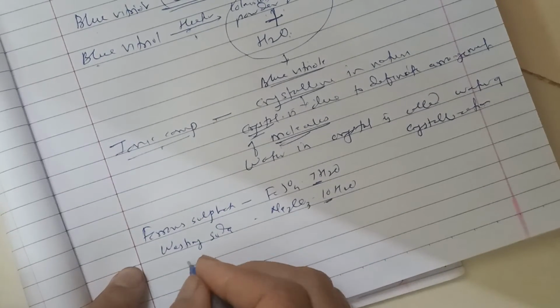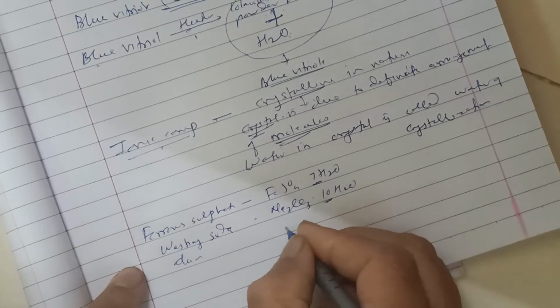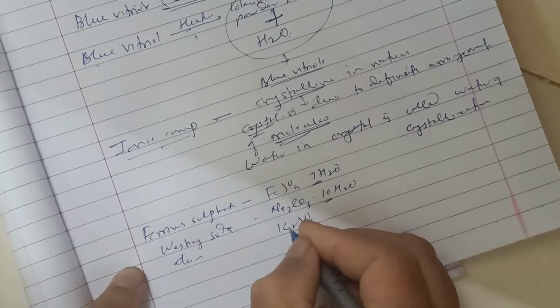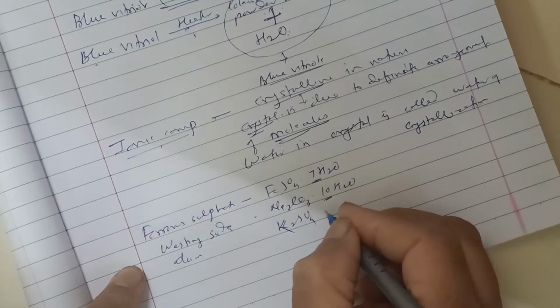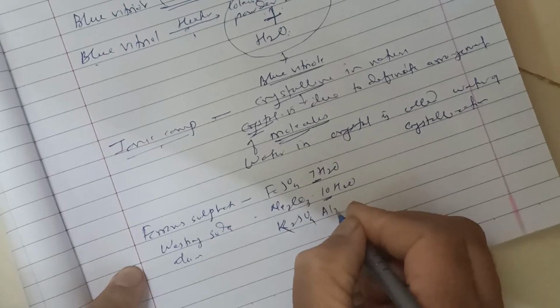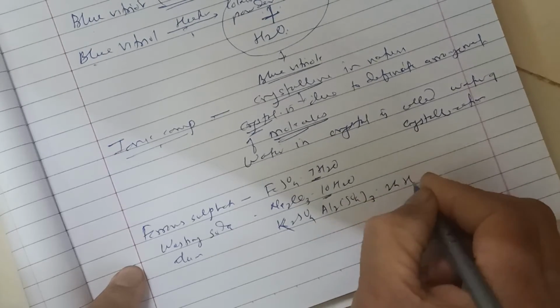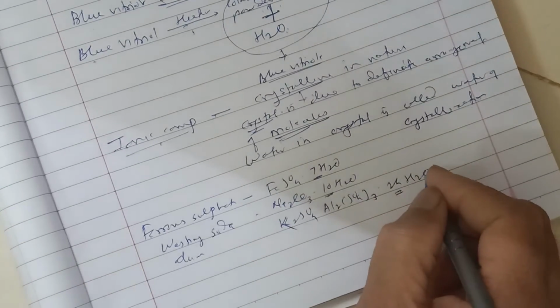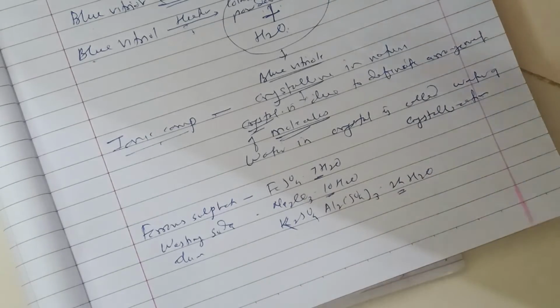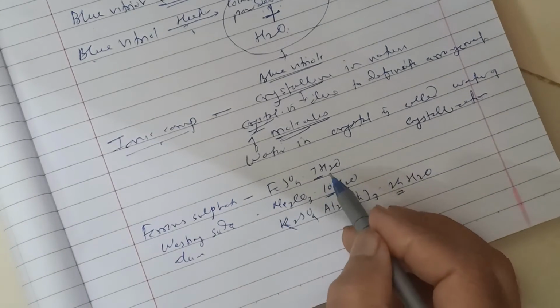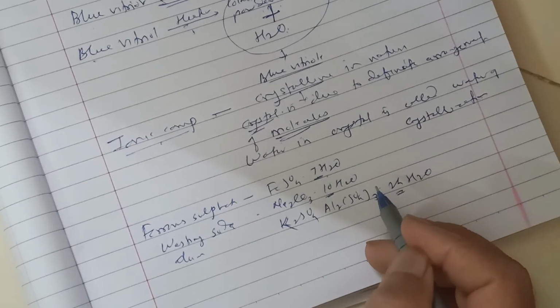In alum, K2SO4, Al2(SO4)3, 24 water molecules are present. All these crystalline structures contain water molecules.